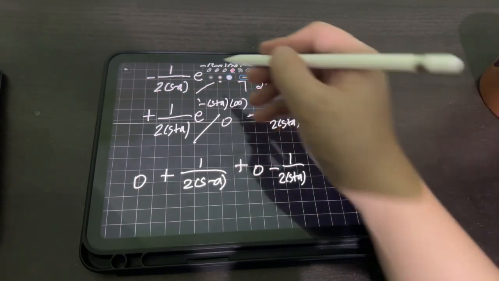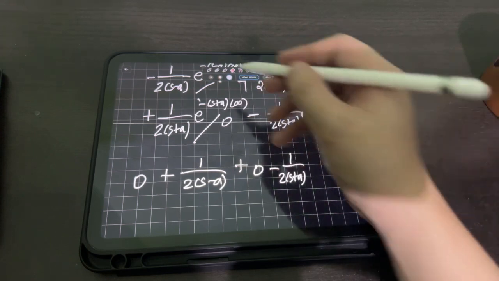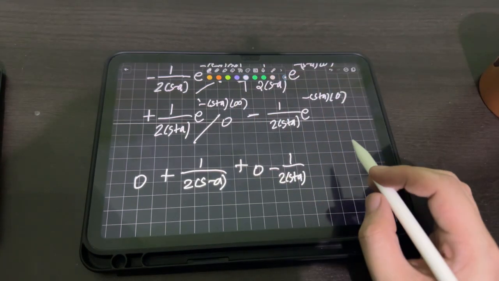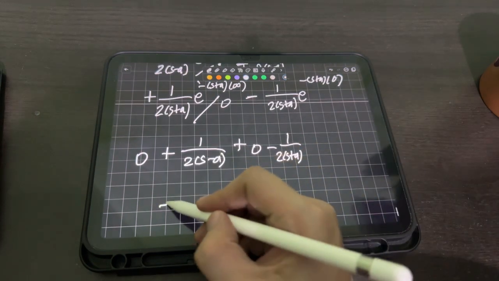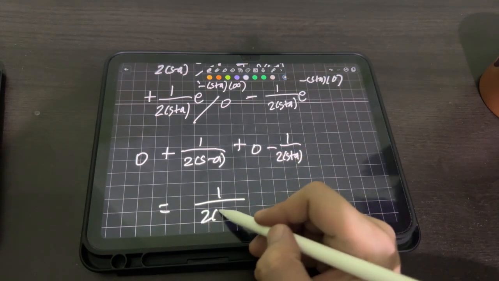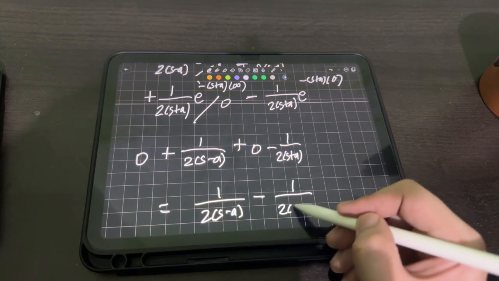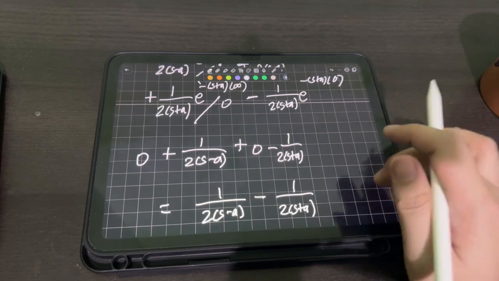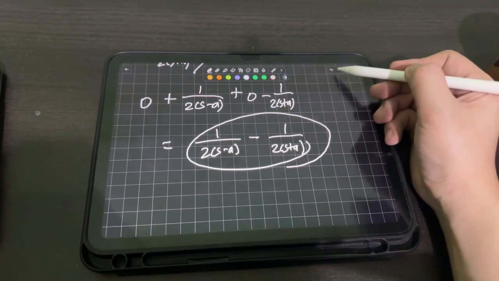So therefore, we have times 1 here, or simply this expression, negative 1 over 2 times s plus a. So it's just equal to 1 over 2 times s minus a minus 1 over 2 times s plus a. Okay? We can combine this as a single fraction.